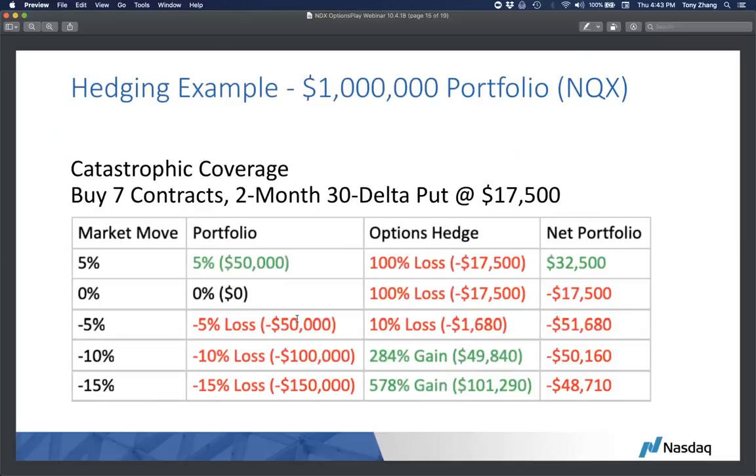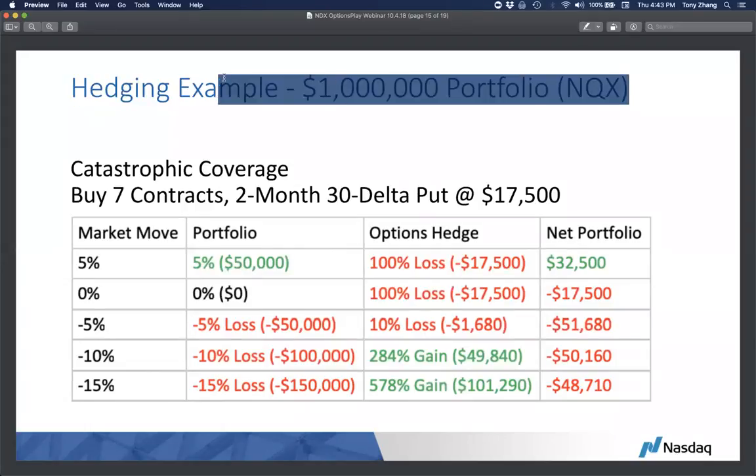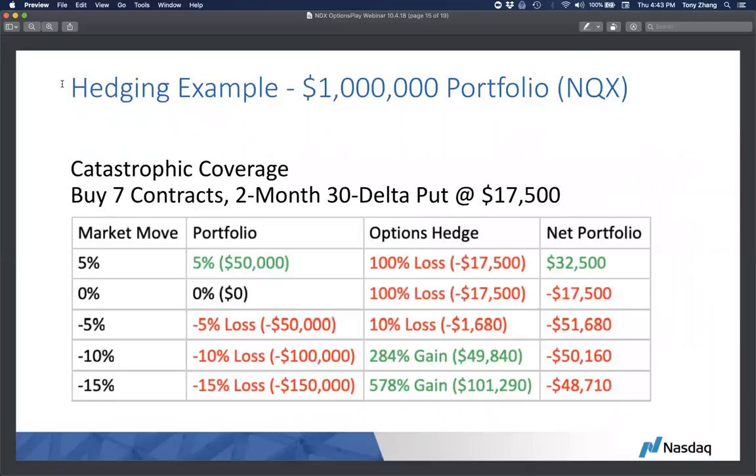The theoretical portfolio that I have here is a $1 million portfolio, and for that I'm going to use NQX, the reduced value index, as the index that I use to buy the insurance policy on it. I'm looking to buy 7 contracts, because if you take $1 million divided by the 1,500 index value divided by 100, you're going to see that you need approximately 7 contracts to protect your portfolio.